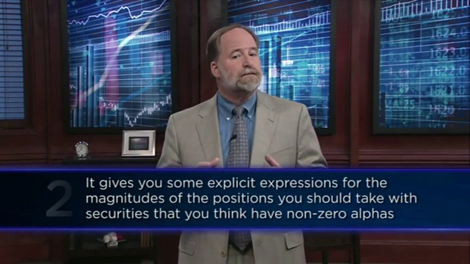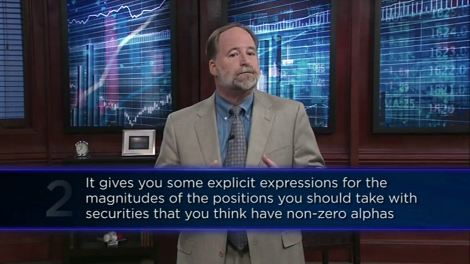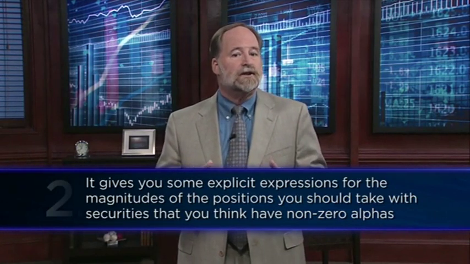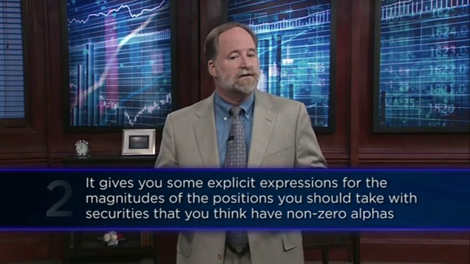I must warn you, this model is very, very involved, but it does a couple of very important things. First, and most important, it provides a framework for thinking about how much your portfolio should be active and how much of it should be passive. Second, it gives you some explicit expressions for the magnitudes of the positions you should take with securities that you think have non-zero alphas.